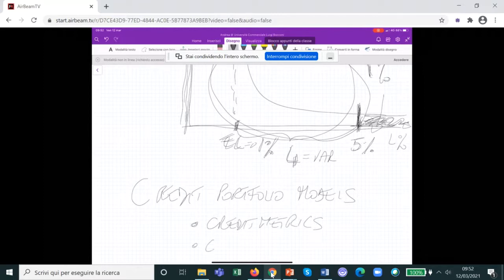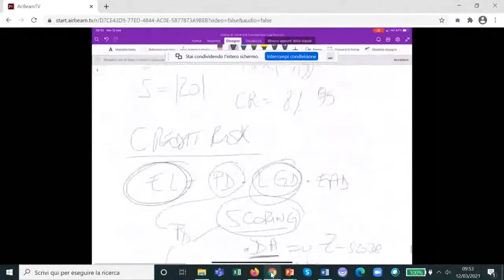One is CreditMetrics, introduced originally by JP Morgan, and the other one is CreditRisk+, introduced originally by Credit Suisse First Boston. Okay. So that's what we're going to look at in the second part of the course when we talk about credit risk.